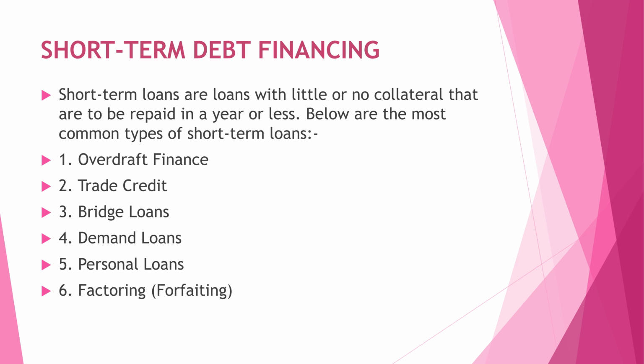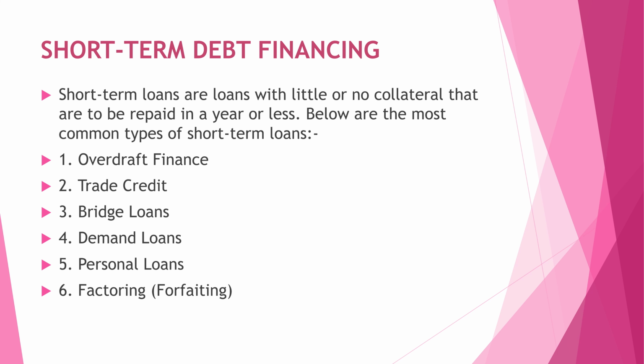Okay. Now, fourth, we'll look at demand loans. Demand loans, as the name entails, it is a demand loan. It is paid on demand, meaning a lender can just give you notice to pay back within a short period of time.